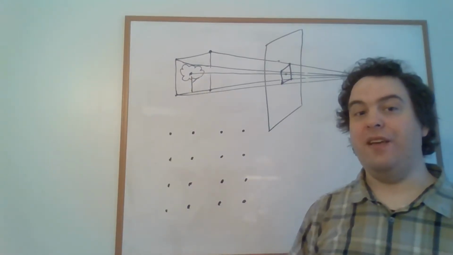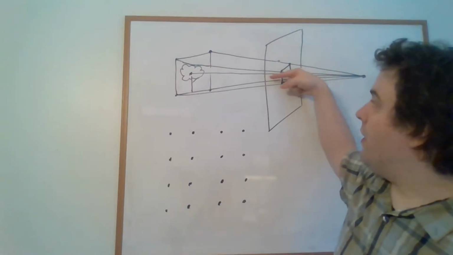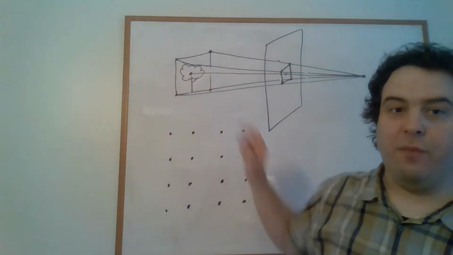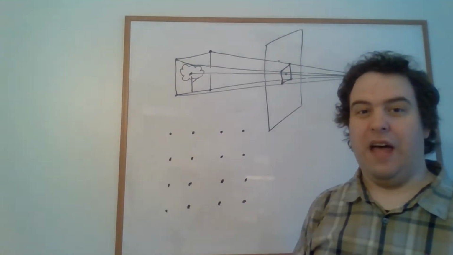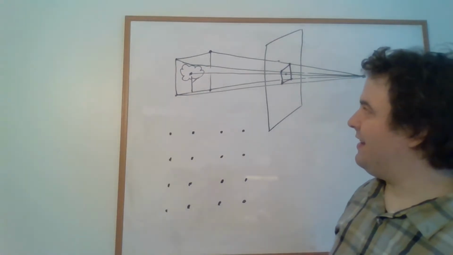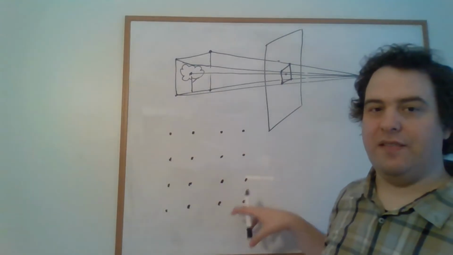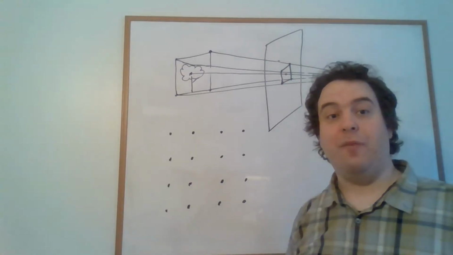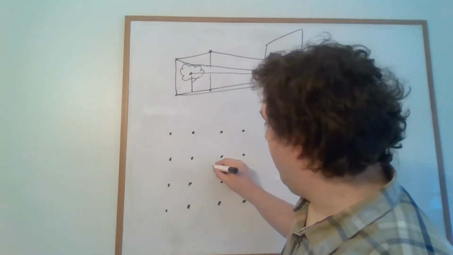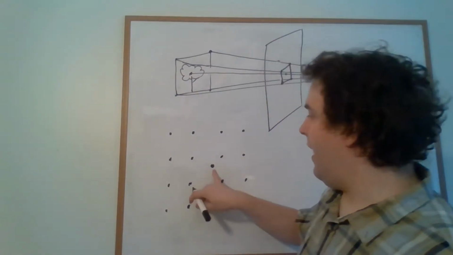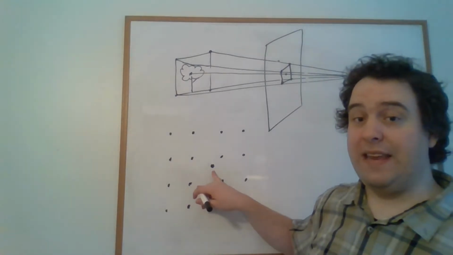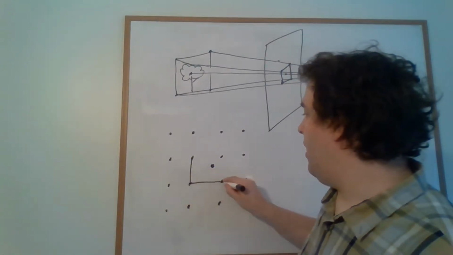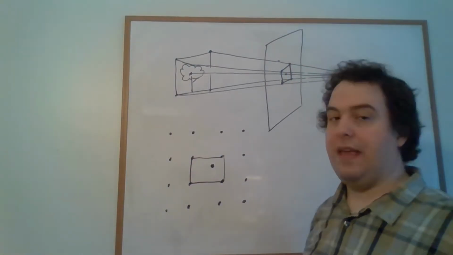But again, we have this issue that when we send our ray of light backwards to try to see where it came from on this texture, maybe it didn't come from one of these points on the grid. Maybe, and most likely, it came from somewhere in between. So we need to figure out what color to color this point here, and we're going to do it based on the colors of these 4 points here.